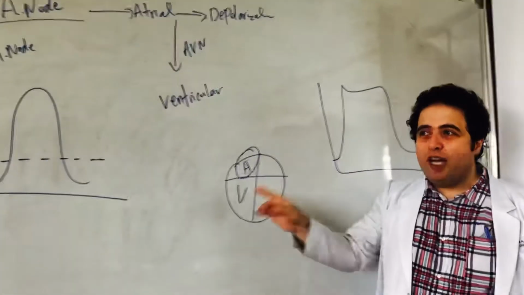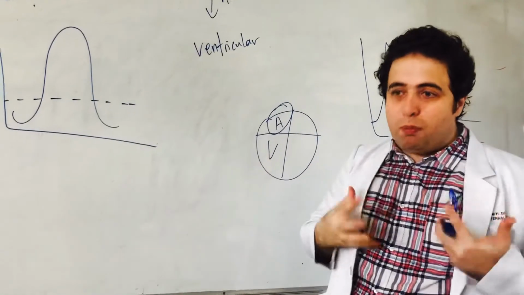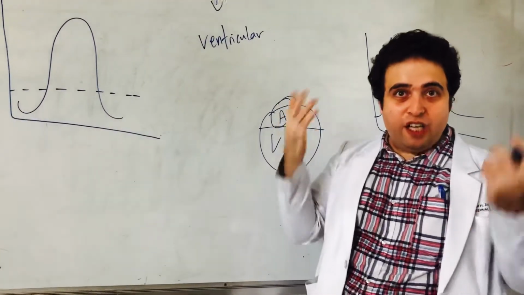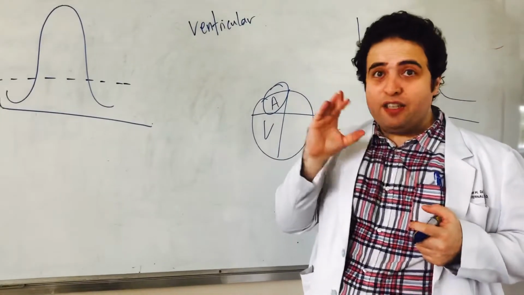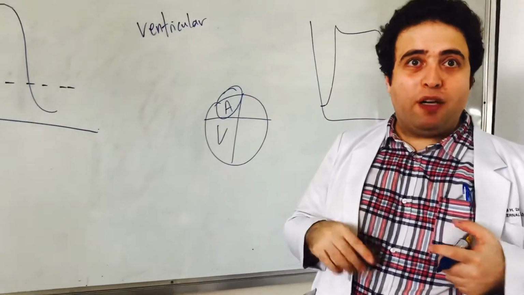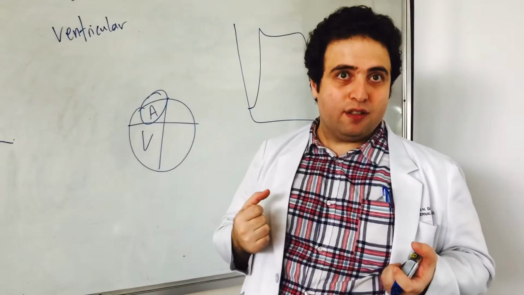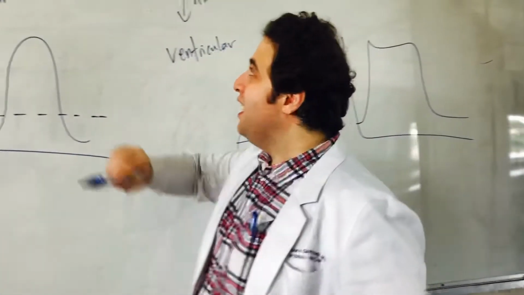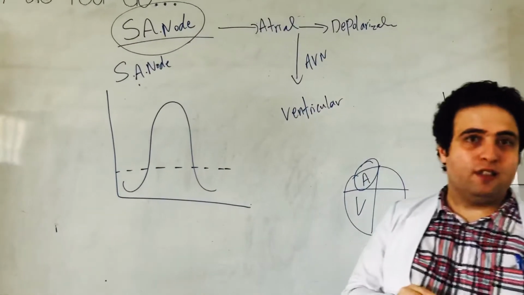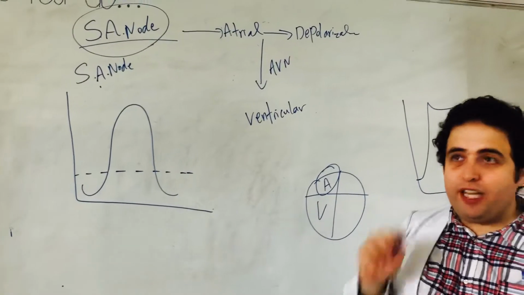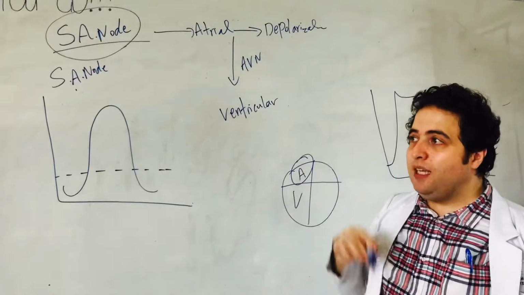When I run up the stairs, what will happen to my heart? My heartbeat will increase. Look what I am saying. Heartbeat will increase. Why? Because my sympathetic will activate my heart rate to be increased. So can I say that SA node shows me the heart rate, correct? So SA node or atrial depolarization will show me my heart rate.